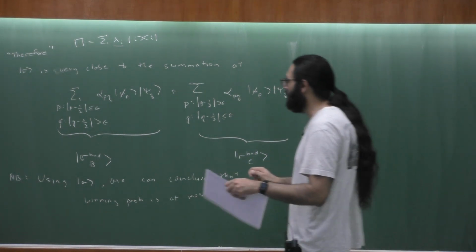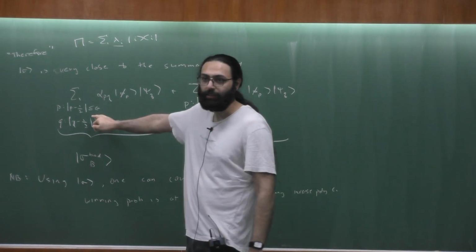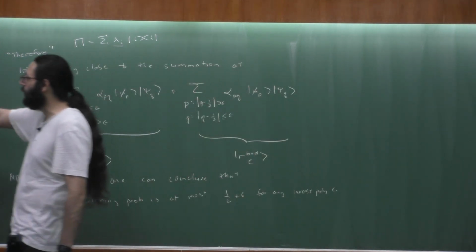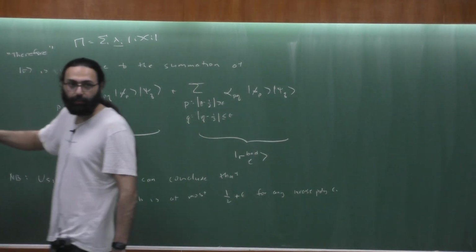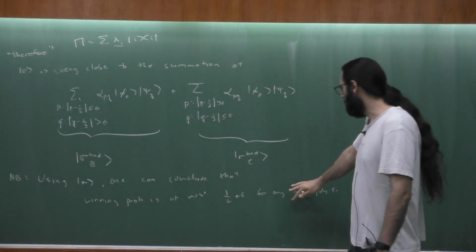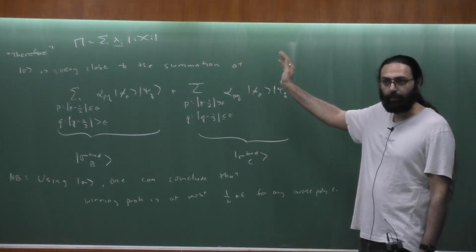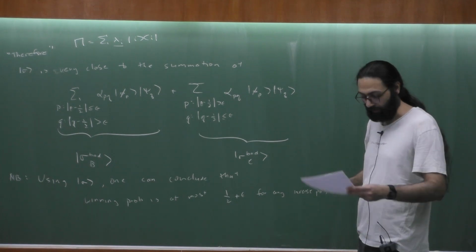Because we wanted them to simultaneously succeed, and this one is saying at least one of them is going to fail, and you've characterized it. You've said that this is the only state that A could have sent. And since this holds for all inverse poly, what does it tell you? It tells you that the success probability is negligible, that you could not have exceeded this.